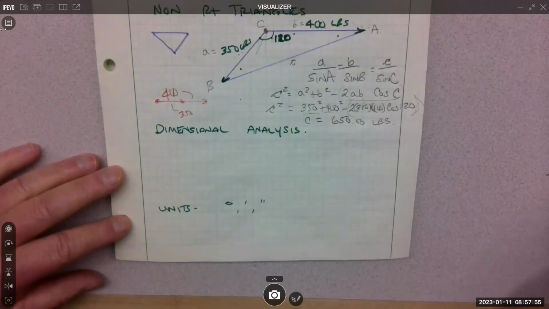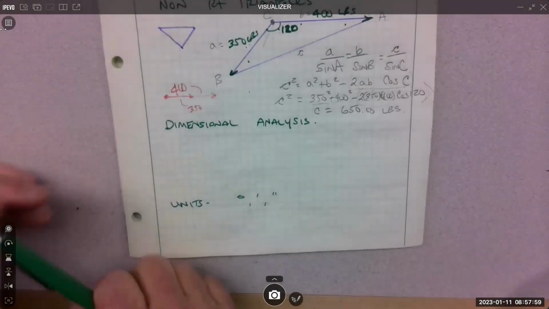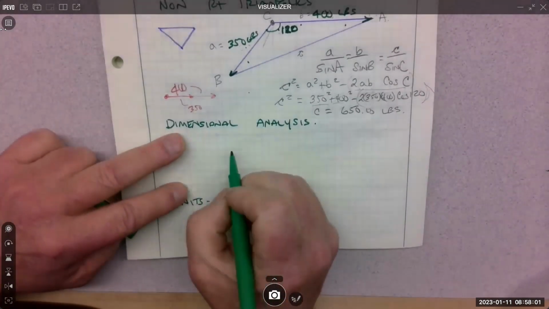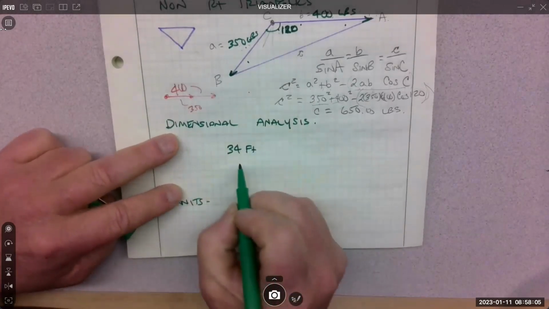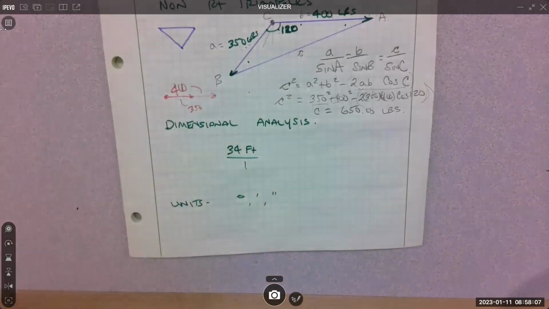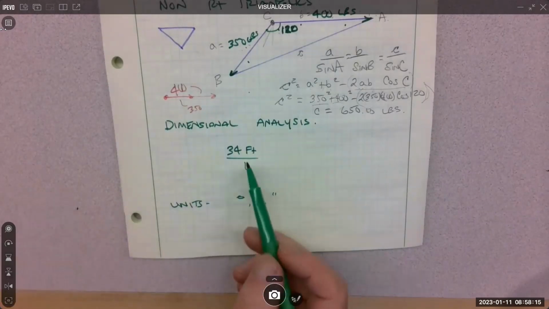Dimensional analysis. I was going to cover that. That is just like, if I have 34 feet, any number that is given to you is given over 1, right? And if I wanted to know inches, how many inches are in 34 feet?